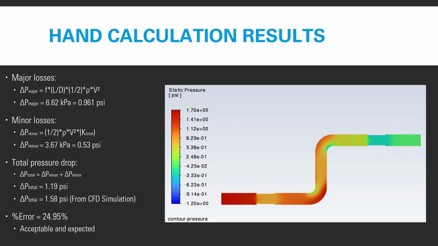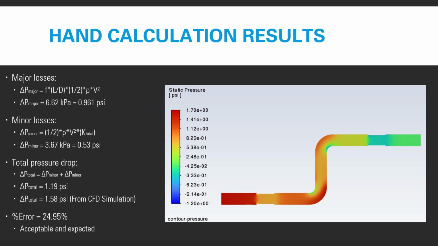Another factor is the turbulence model. In our case, we used the realizable k-epsilon model with standard wall functions. This is a good general purpose model, but different turbulence models produce different results. In some cases, switching turbulence models can change pressure drop predictions by 15 to 20%.